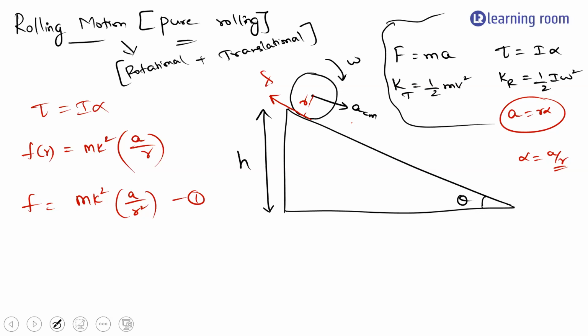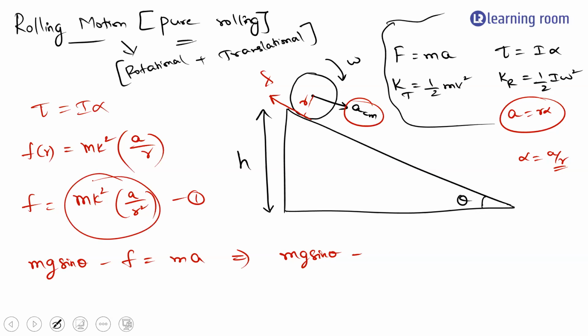I understand that there is an acceleration in the downward direction. So what is the net force acting on it for that acceleration to get generated? It is mg sin theta minus F, that will be equal to m into a. Which implies mg sin theta minus, what is the value of F?